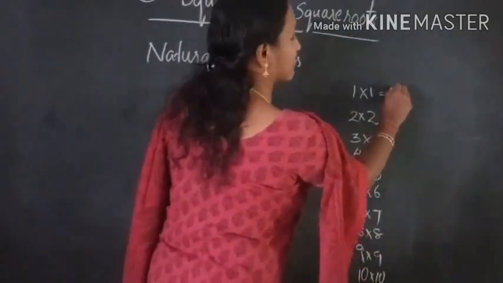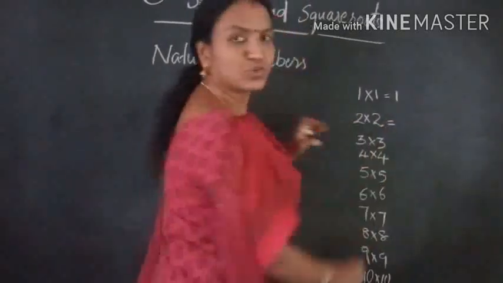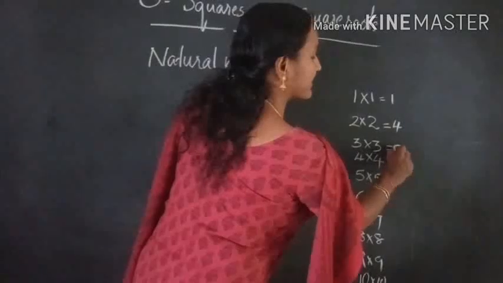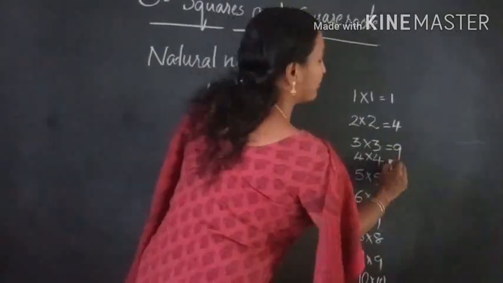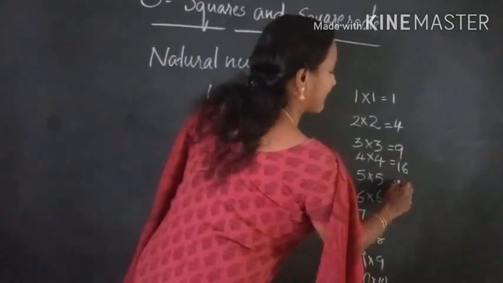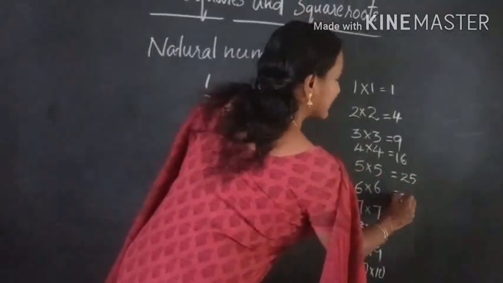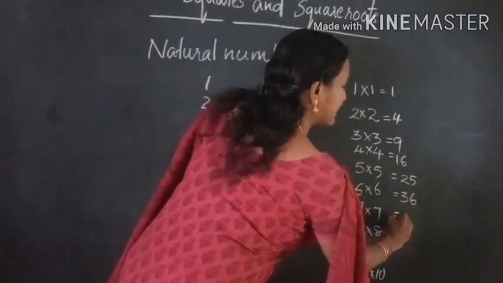Yeah, 1 square is 1. 2 into 2? 4. 3 into 3? 9. 4 into 4? 16. 5 into 5? 25. 6 into 6? 36. 7 into 7?